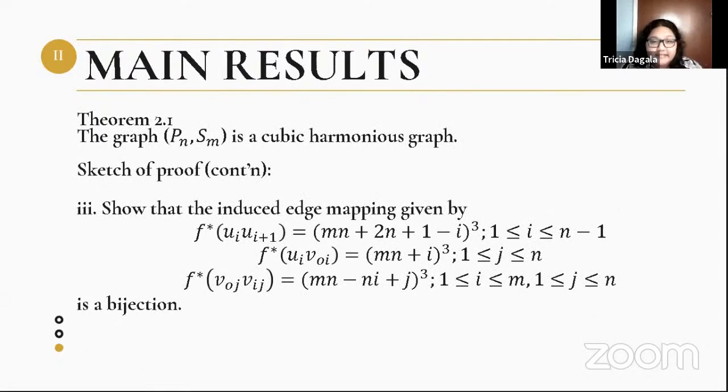So, these functions should be a bijection, so it should be one-to-one and onto. So we should prove that to show that it is a bijection. And by proving that it is a bijection, we prove that this graph is a cubic harmonious graph. So that's the sketch of the first theorem.